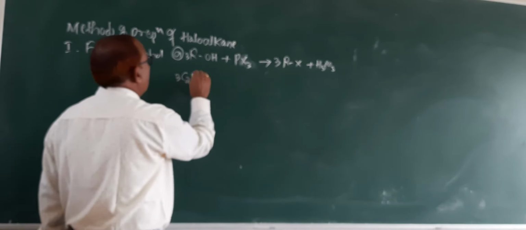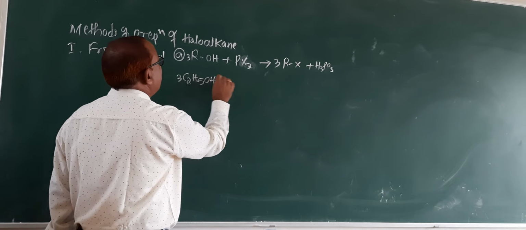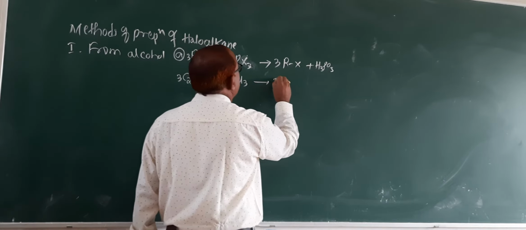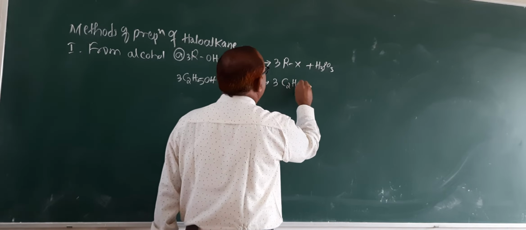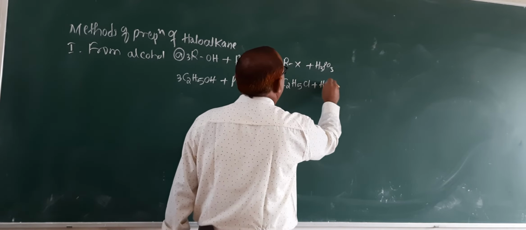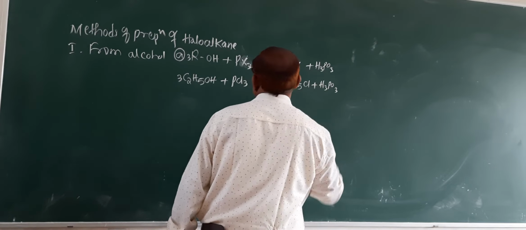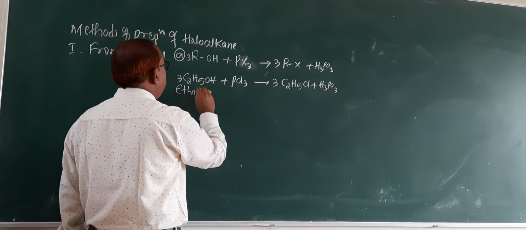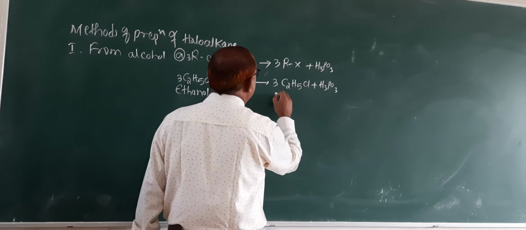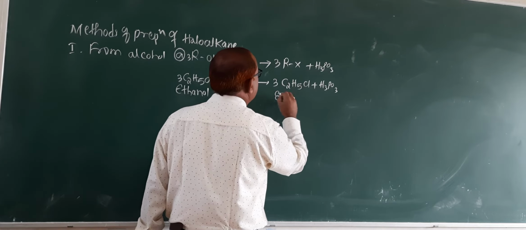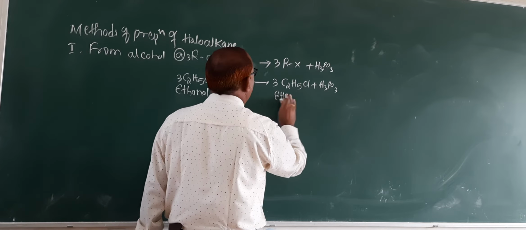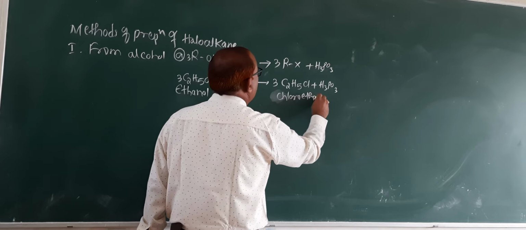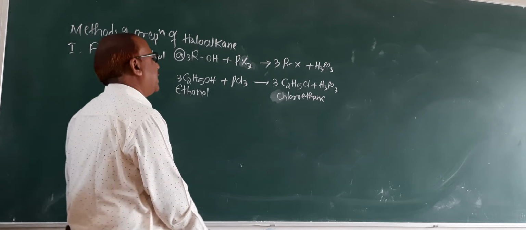When ethyl alcohol is heated with phosphorus trichloride, it gives three molecules of ethyl chloride with phosphorus acid. This is ethyl alcohol. Once you have given the name, you should repeat the same thing if it is correct. This is ethyl chloride, or you can call it chloroethane. One is the IUPAC name, one is the common name for the whole.